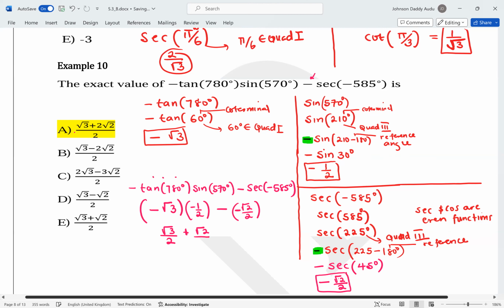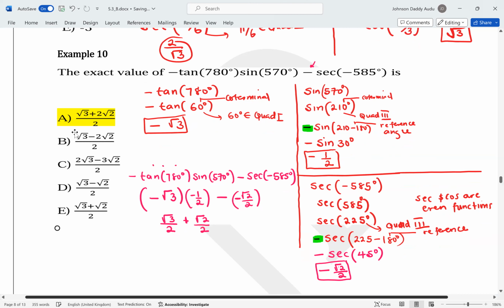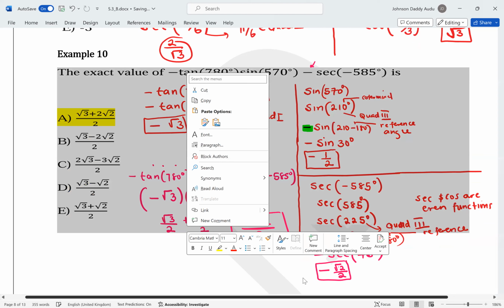Because here we have half, this half will multiply. So this is root 3 plus root 2 over 2. Right, so I will see.